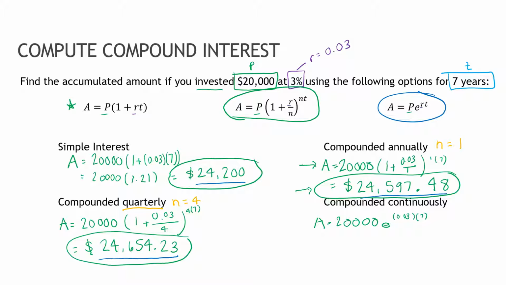So again, I'm going to plug it in just like that. Don't get crazy. Use that e button in your calculator. Do not try to put 2.71, etc. I want you to actually put in the e, because we want all of those decimals, and then 0.03 times 7, or you could just put the 0.21.